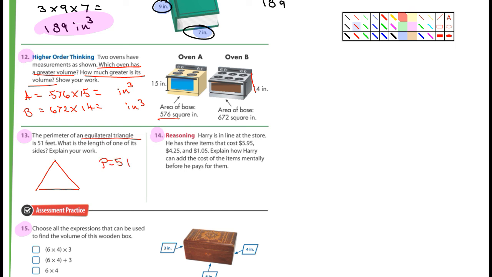For number 13, you need to figure out what each side would be. And all 3 sides are going to have the same length. Okay, I'll give you a clue. It's going to be somewhere between 15 and 20 feet. That's the answer. Somewhere between 15 and 20 feet for each one of those sides. All right, number 14.